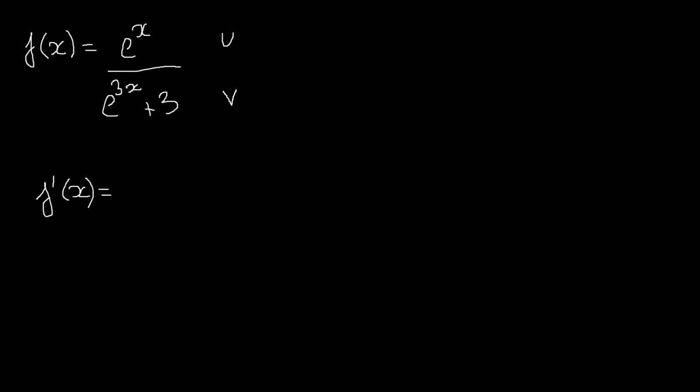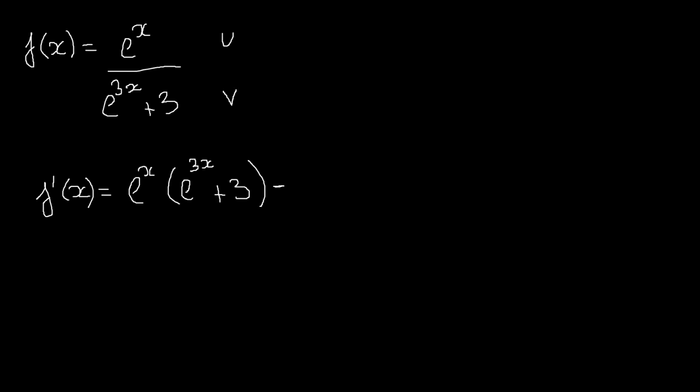We will multiply v by the differential of e to the x, which is just e to the x. So this will become e to the x multiplied by e to the 3x plus 3, minus, now we need to differentiate v and multiply it by u.